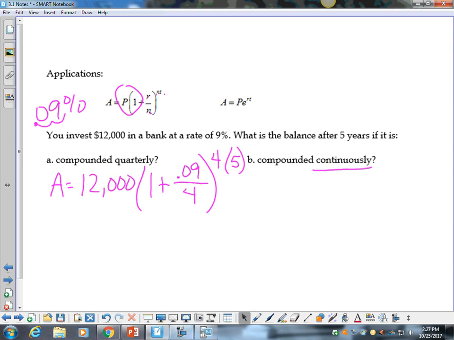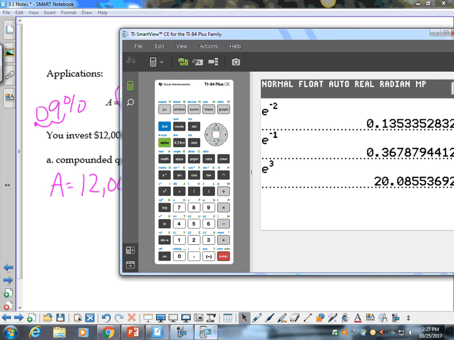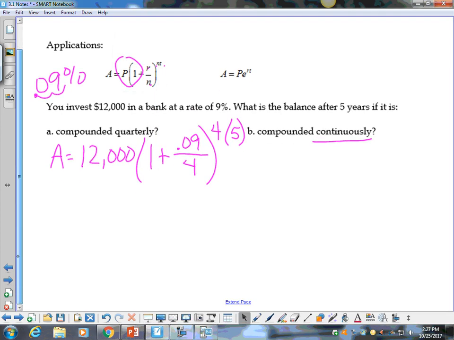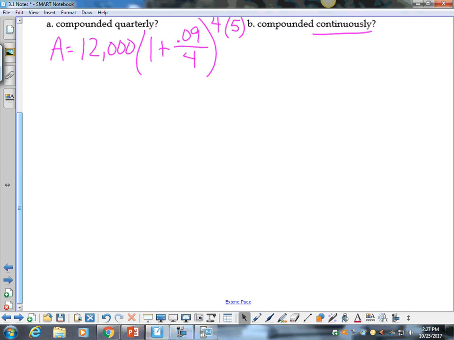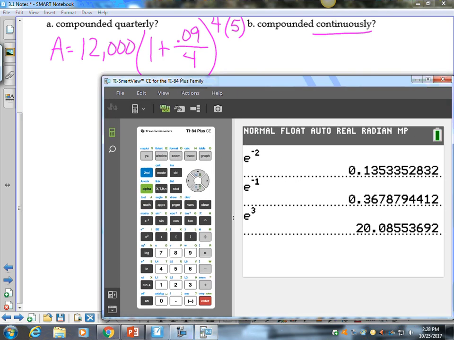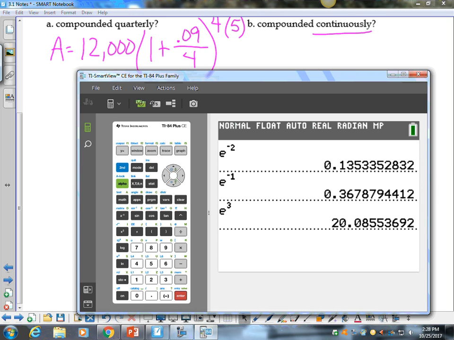Okay, now, the really funny part is watching y'all try to plug this in. So I'm not going to say anything. I want y'all to plug it in, and let's see how many different answers we get. Now, y'all may surprise me. I hope you do. But this is always really funny to me because students have a hard time typing this in. The newer operating systems on the calculator help.